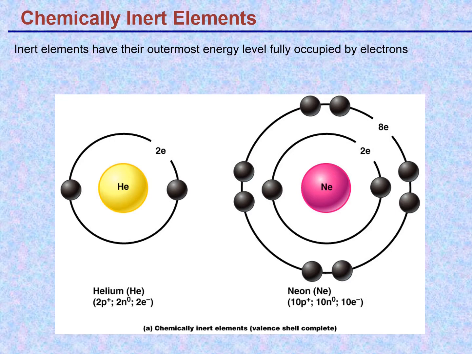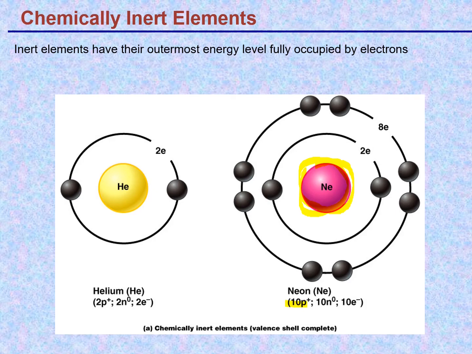Helium has two protons and 2 electrons, and neon, it's showing the nucleus as a single sphere. That's the nucleus in the middle here, and it contains 10 protons.